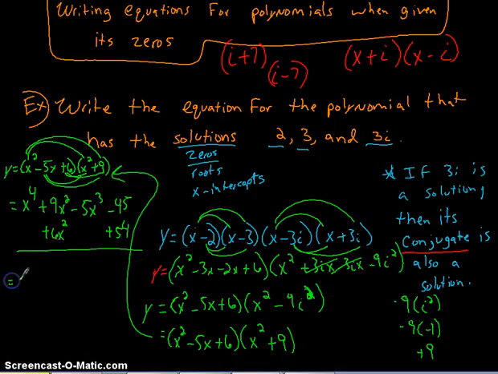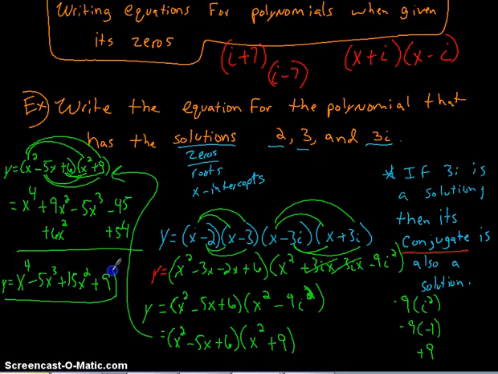If I combine my like terms, x to the 4th is by itself. Negative 5x cubed is by itself. These add up to be 15x squared. And these add up to be 9. So this is a polynomial that has those as its roots.